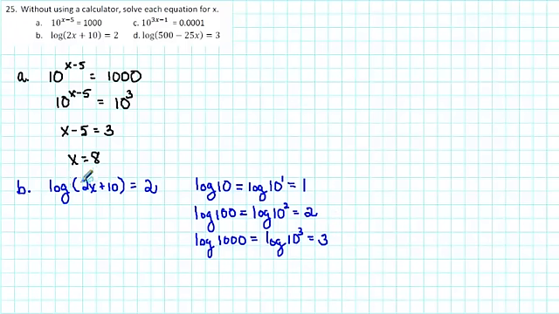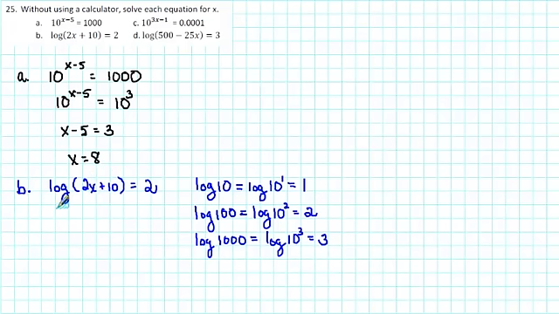We have log of something is equal to 2. What does that number have to be? Well, over here we see that the logarithm of 100 is 2, so the expression, the argument of the logarithm, must be equal to 100.